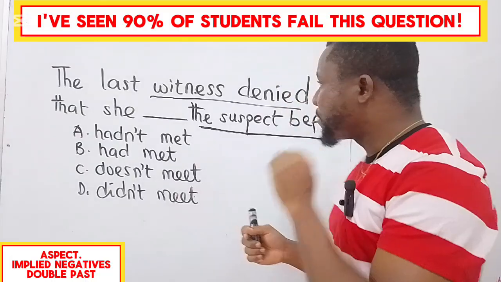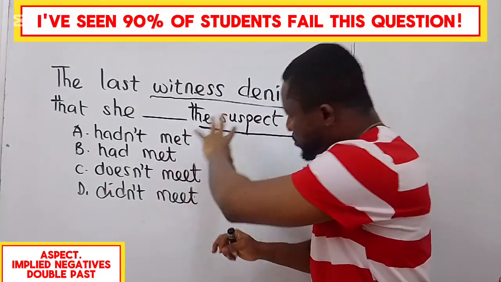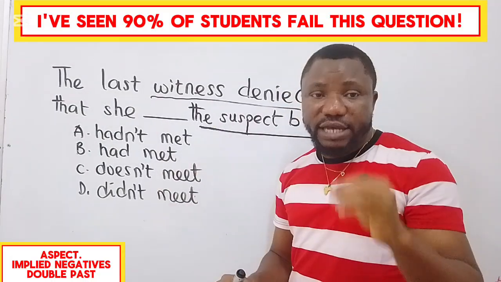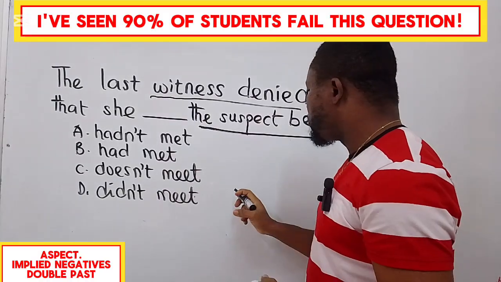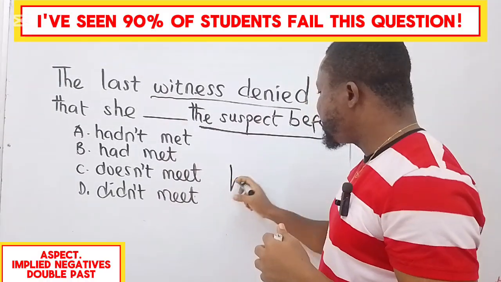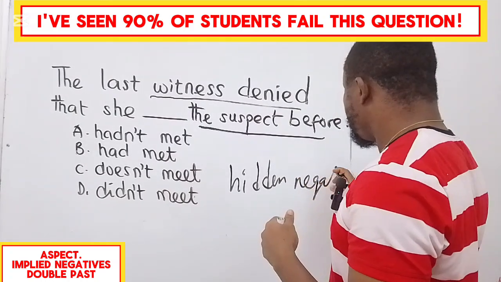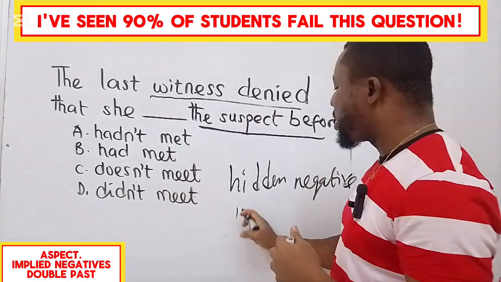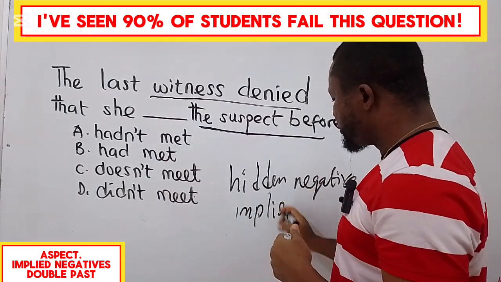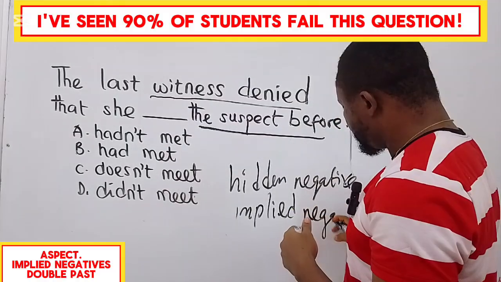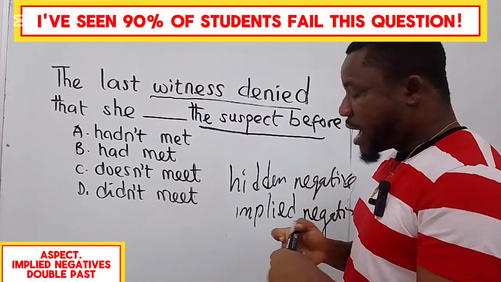That said, the third thing we're going to talk about to understand this question even better is the concept of words with hidden negative, or implied negative. Now, what does this mean?